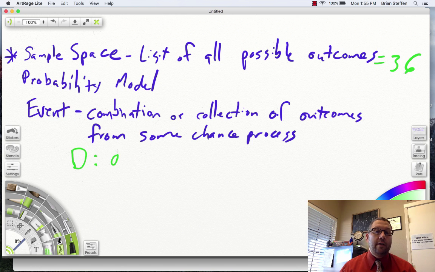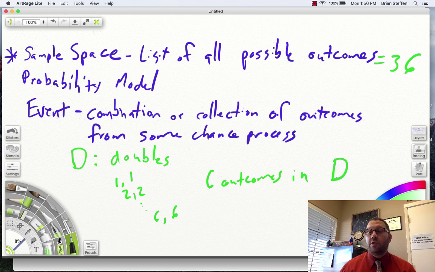So D is getting doubles. That's a combination or a collection of my different outcomes. I could have 1 and 1, 2 and 2, etc., down to 6 and 6. So there are 6 outcomes in D. There are 6 different ways that I can get doubles.